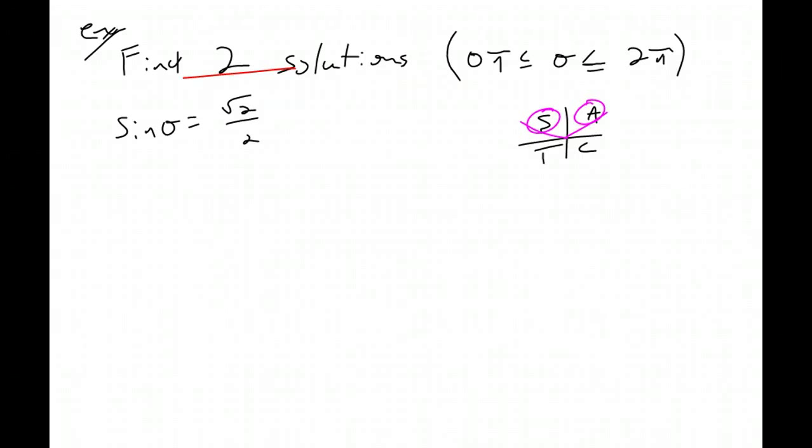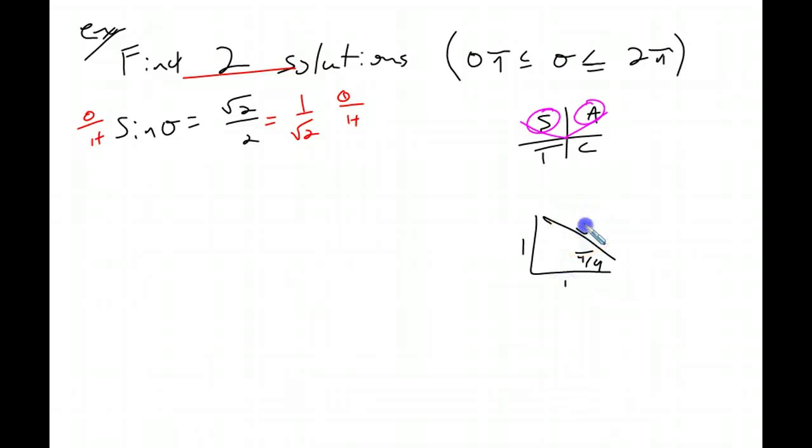Now this sine is opposite over hypotenuse, and if I have square root 2 over 2, I don't have an opposite side as square root 2 in my triangles. However, if I kind of unrationalize this, then I can have an opposite over hypotenuse such that the opposite is 1, the hypotenuse is root 2, and I can use my pi over 4 triangle for that, because I have 1, 1, square root 2 as my sides.